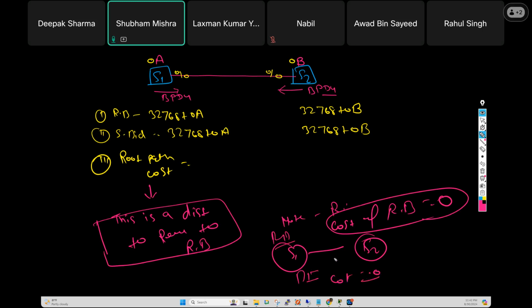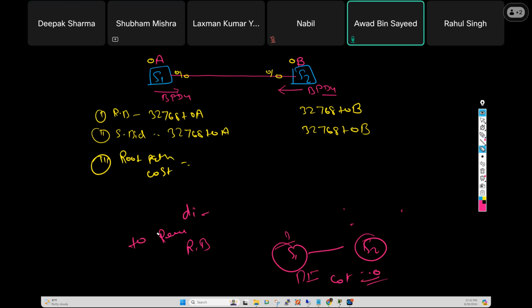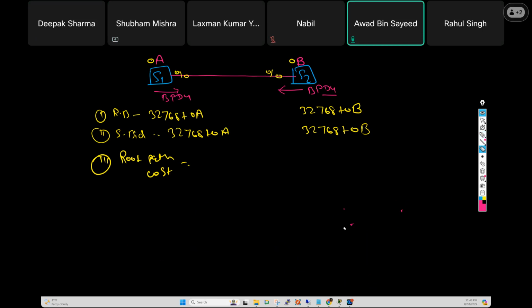Cost means what? To reach the root bridge. And switch 1 itself is the root bridge. So cost will be 0. Getting my point? Everyone understand na? Clear na? This is only for the first time.